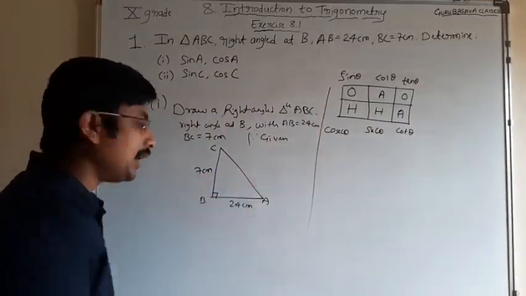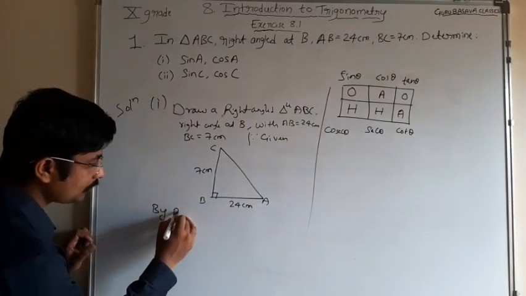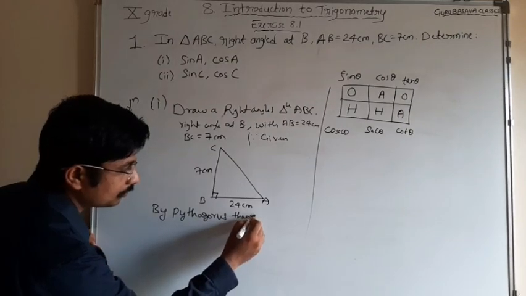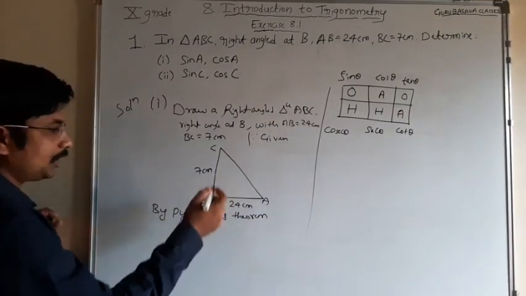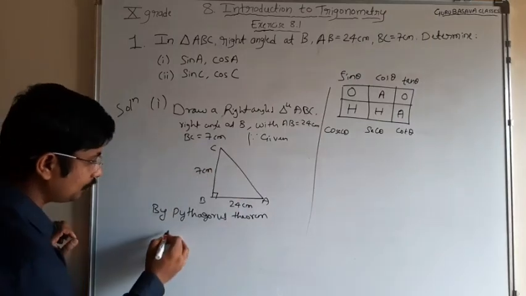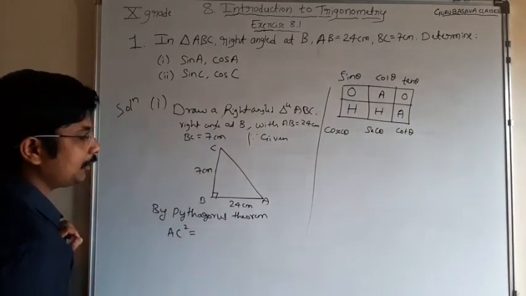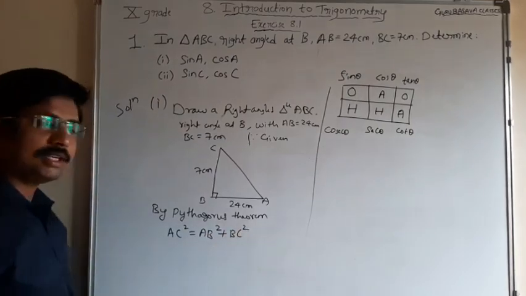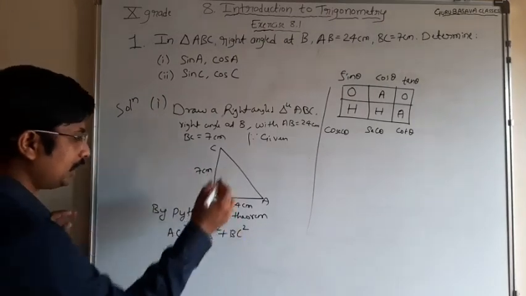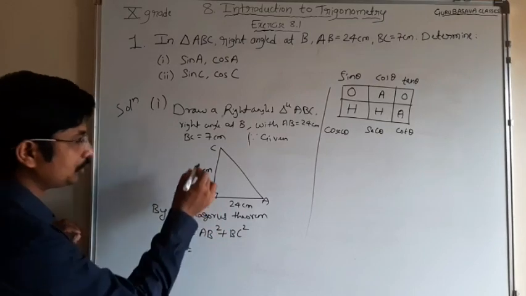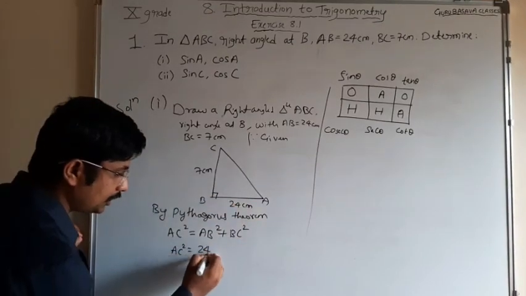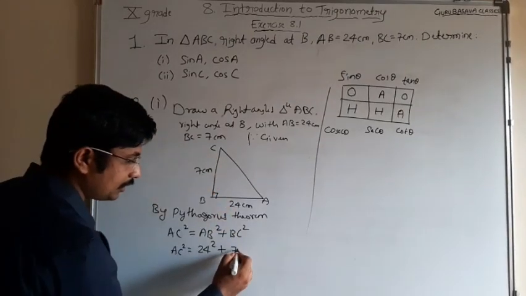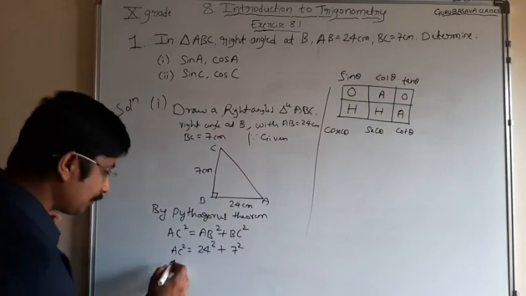By applying Pythagoras theorem, AC square is equal to AB square plus BC square. AC square is equal to 24 square plus 7 square.